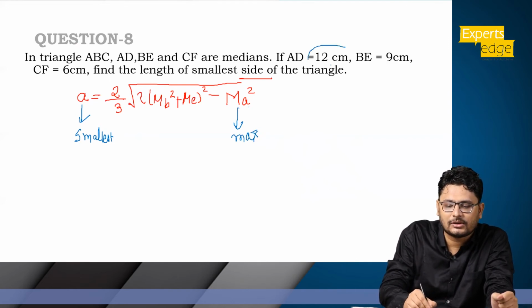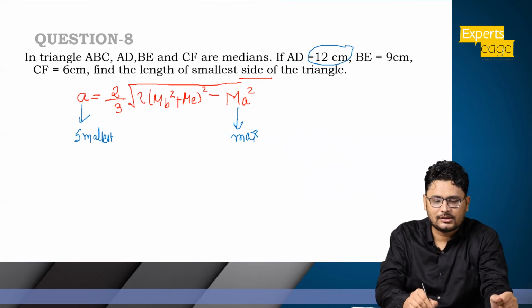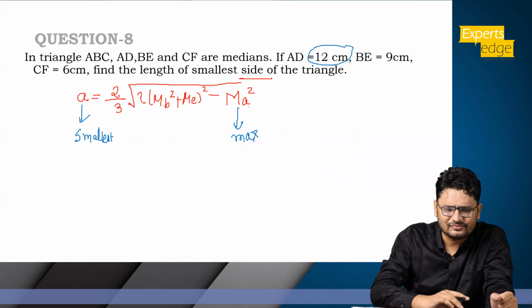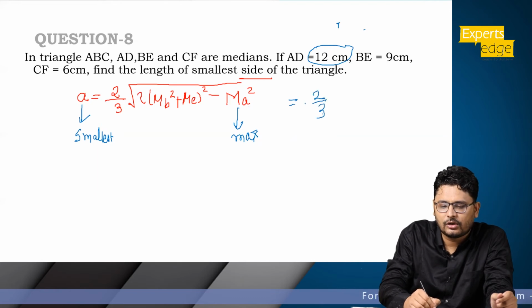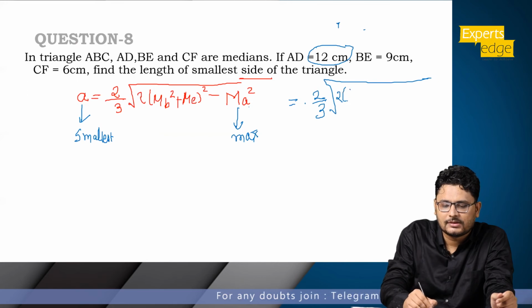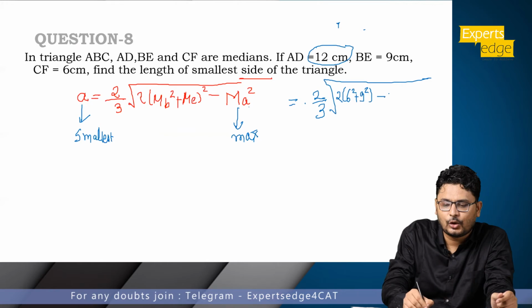That is nothing but 12. So MA, this median, is nothing but 12, right? Just put in the formula. It will be nothing but 2/3 of root of twice of 6 square plus 9 square minus 12 square.